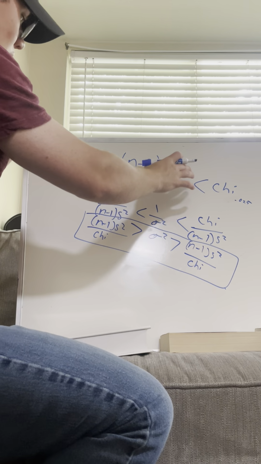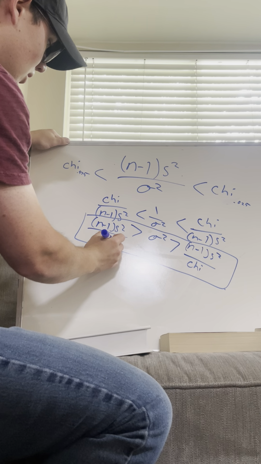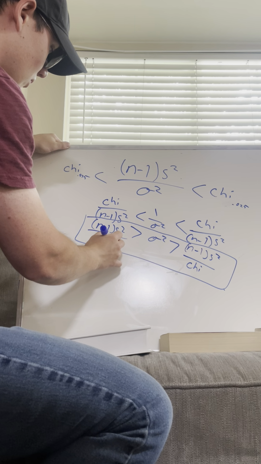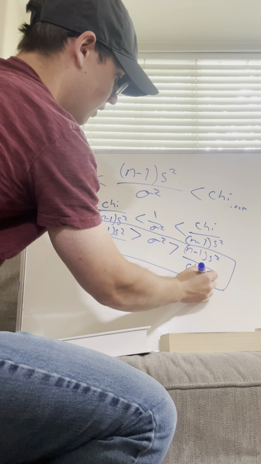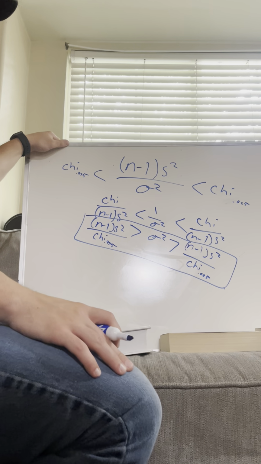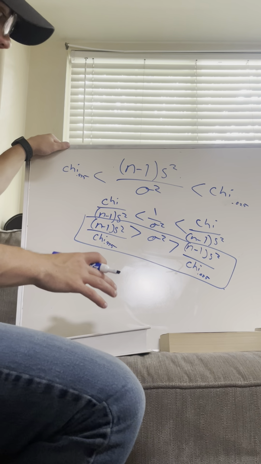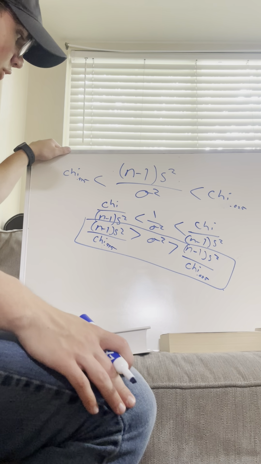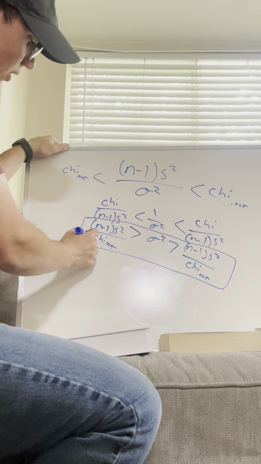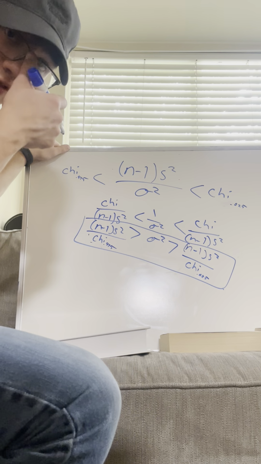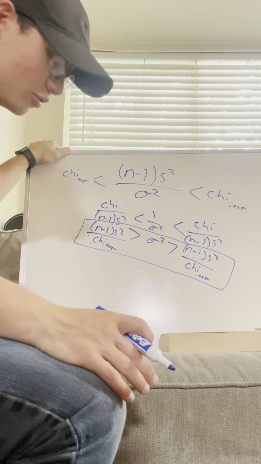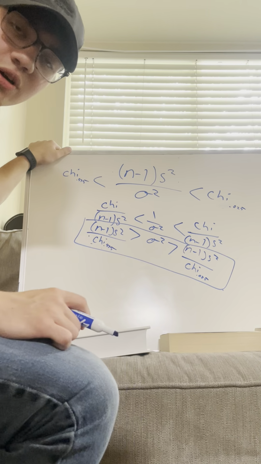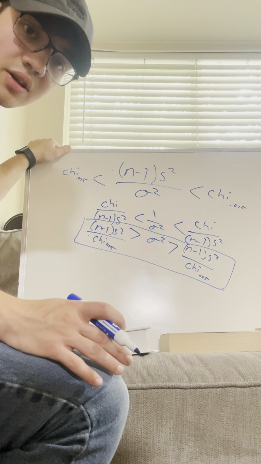Now, when we do all this fancy math to get sigma squared on its own, you'll notice that the chi-squared value above which 97.5% of values lie is going to be a comparatively smaller number than the chi-squared value above which 2.5% of values lie.